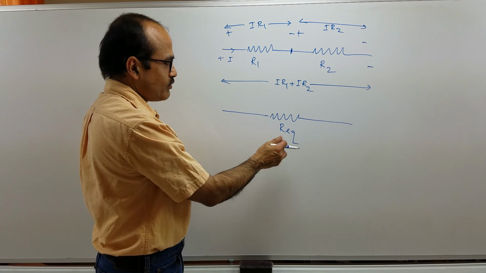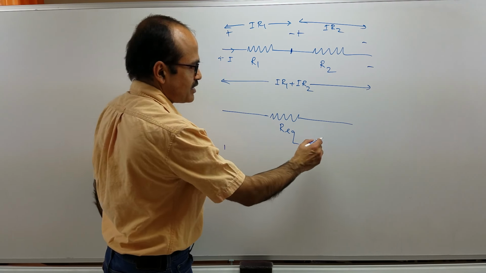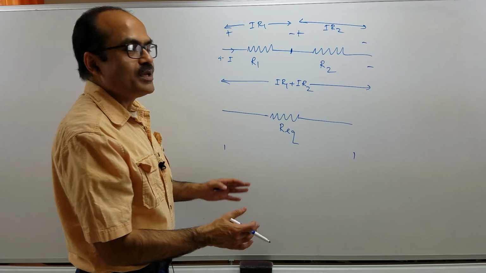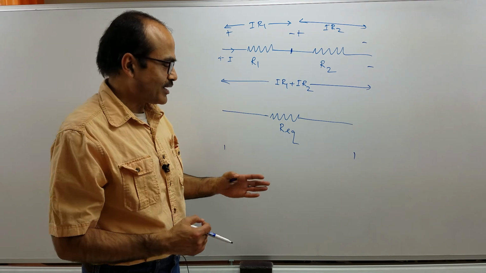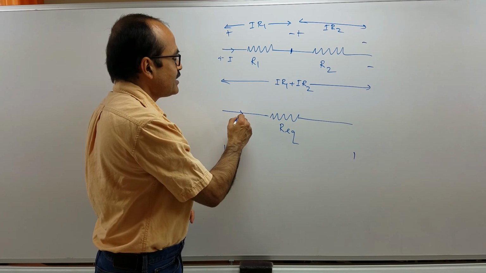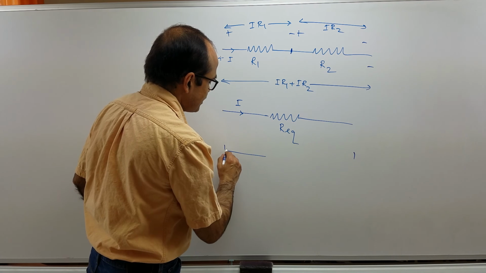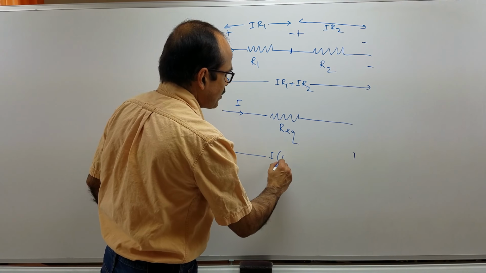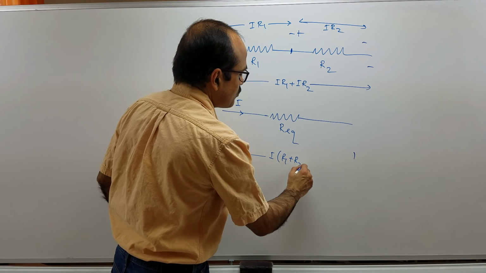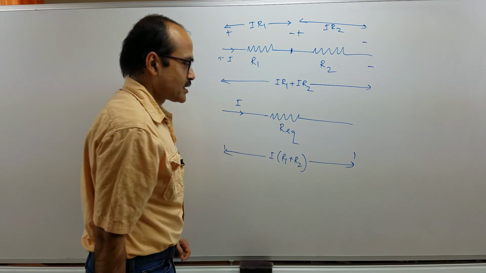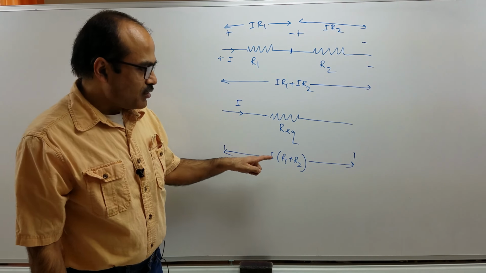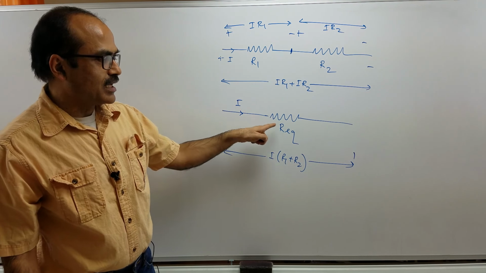So as it is equivalent, everything will be retained. For example, the current will remain the same as it was before, and the potential difference, which was I R1 plus R2, will also remain the same. So now I R1 plus R2 is equal to I times R equivalent.